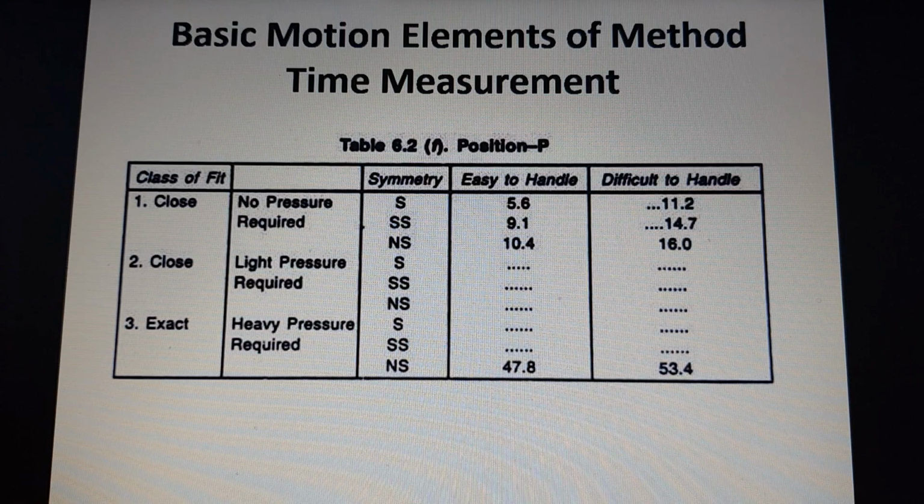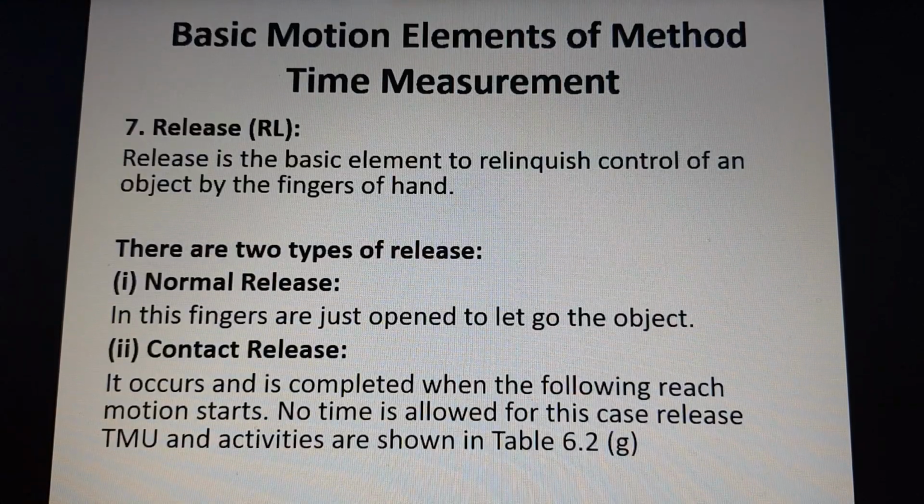And then we have the type of symmetry, if it's easy to handle and difficult to handle, where we can see that the amount of TMUs is increasing depending on whether it's symmetrical or non-symmetrical. Obviously, if it's symmetrical, it's going to take a lot less time to position. If it's non-symmetrical, it's going to take a little bit more concentration, so it takes a lot more time.